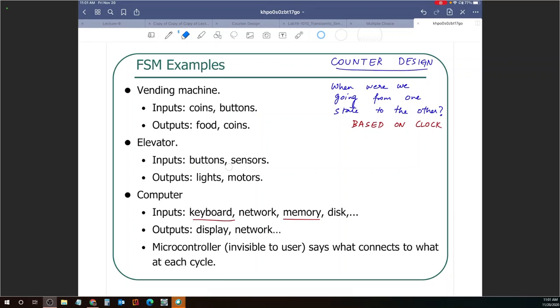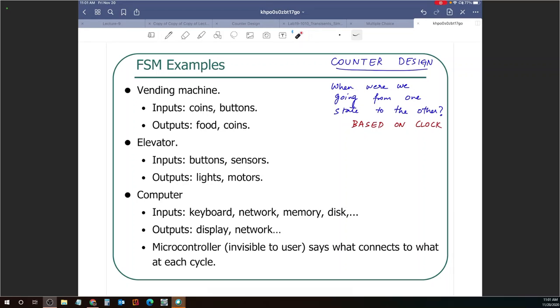Earlier, we had only the clock, the active edge of the clock, as our triggering or state transition dependence. But now, for our finite state machines, we could have examples such as a vending machine, an elevator, or a computer, which is essentially the biggest finite state machine we can think of.